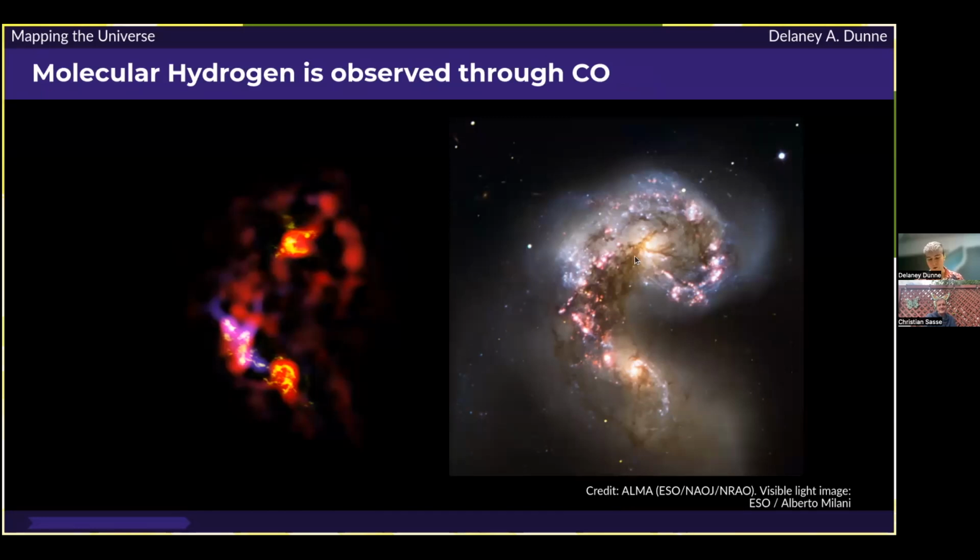But you can also look at it in carbon monoxide emission, which is here in the red. And so you can see, if you line up, this center region tends to be emitting in carbon monoxide. And then along the spiral arms, there's also some carbon monoxide emission.